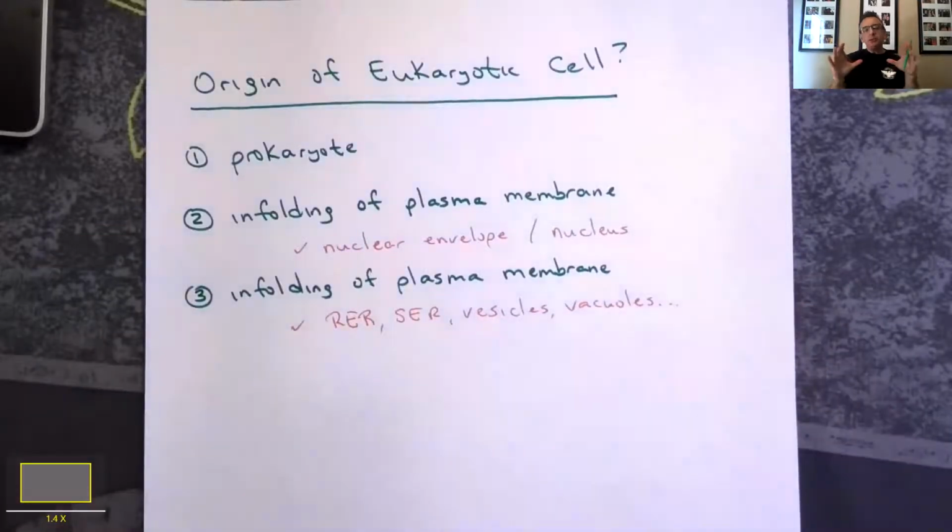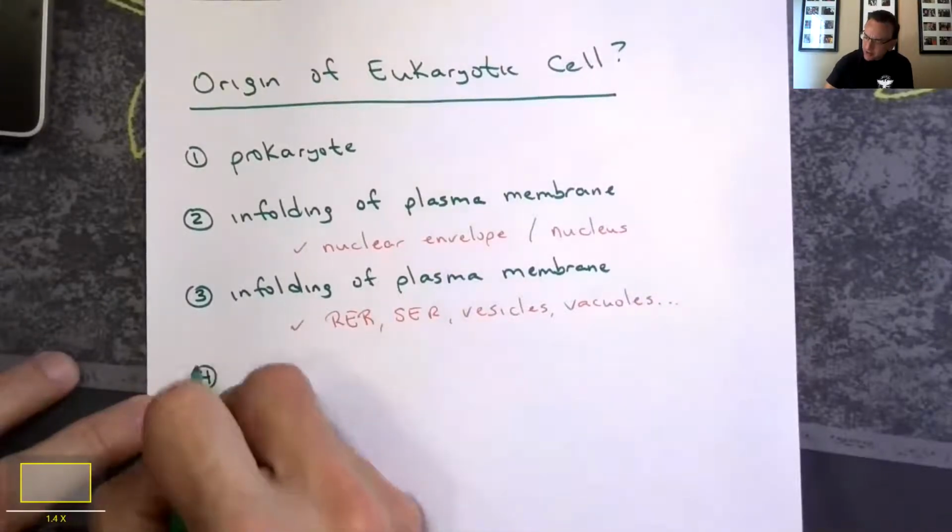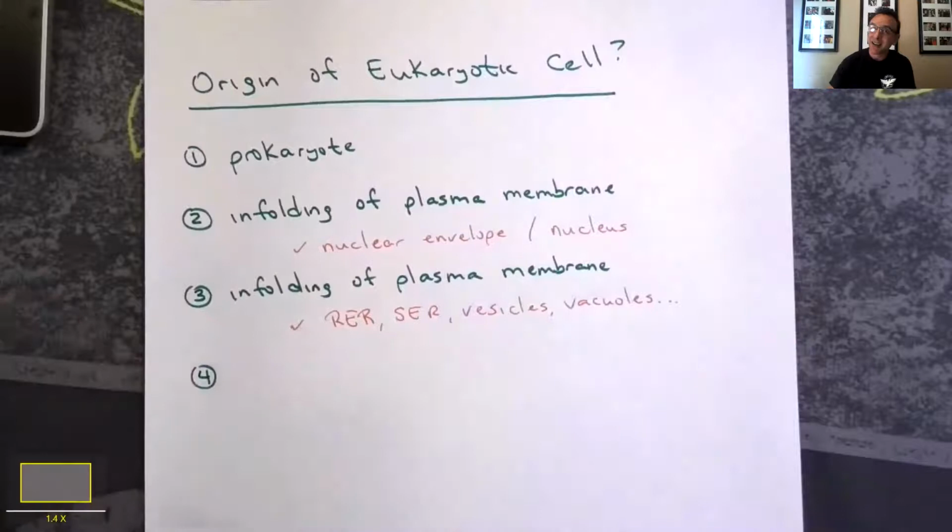So as the plasma membrane started to infold, this gave certain cells an advantage over cells that didn't do the infolding, right? They were more efficient at transport. Here we go again with surface area to volume ratio. So if you have 2 cells living side by side, and one cell has this infolding and is more efficient at transport, this cell will then be more successful, right? So you then get the formation of organelles, and you say, well, how do we know this? Fossilized cells. It's stunning. You have to look this up.